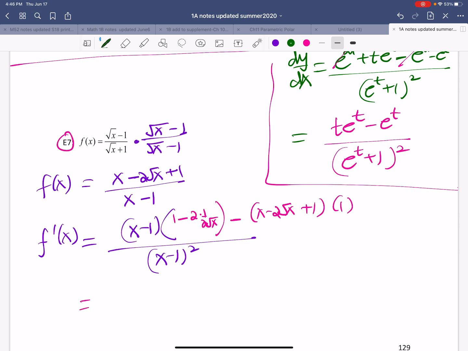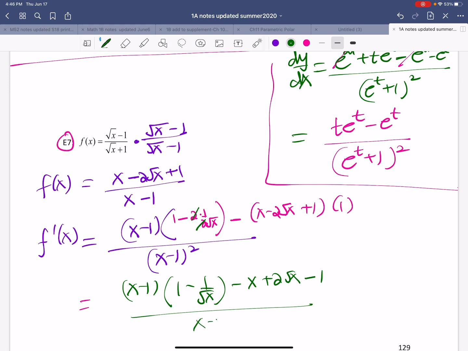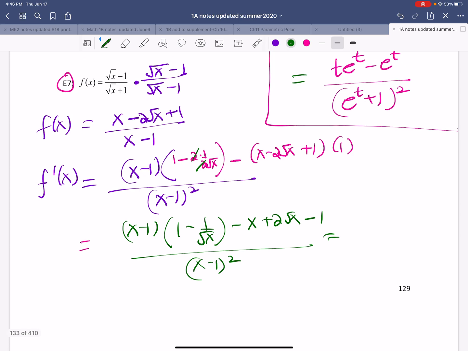And that's going to be a little complex fraction in the numerator. So x minus 1 times 1 minus 1 over root x minus x. I'm going to distribute the negative there now. Minus x plus 2 root x minus 1 over x minus 1 to the second power.